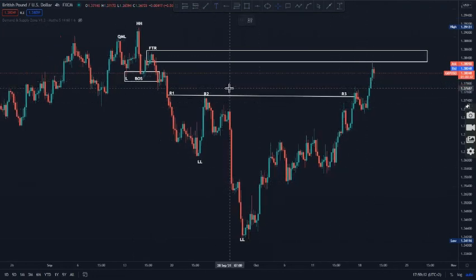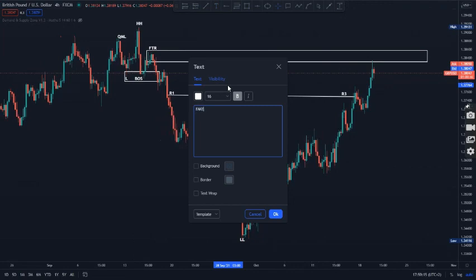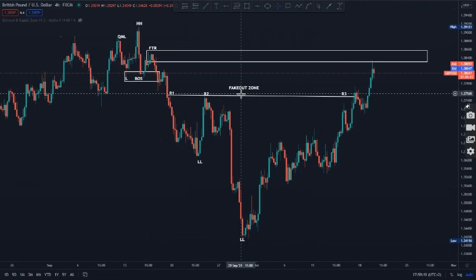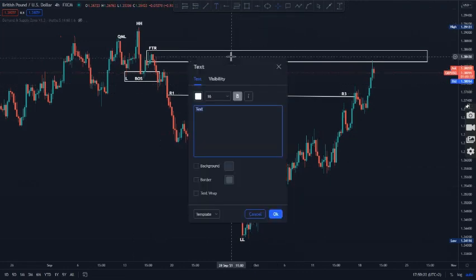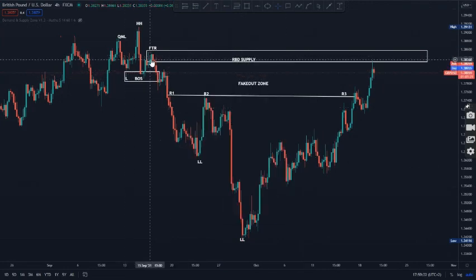Okay, so right here is my fake out zone. Okay, this is my fake out zone, and right here I'll call this my rally based drop supply zone. Okay, so this is a rally based drop supply zone.